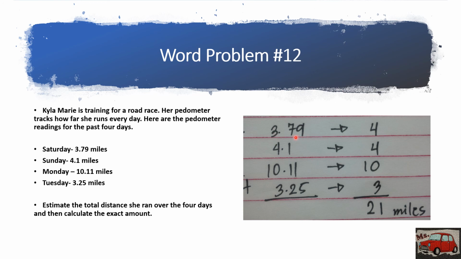So, yung 3.79, it will become 4. 4.1 will become 4, 10.11 will become 10, and then 3.25 will become 3, and then let's add them all kasi nga ang hinahanap is total, okay? So there is 21 estimated total distance, 21 miles estimated total distance na natakbo ni Kyla Marie over the 4 days, okay?